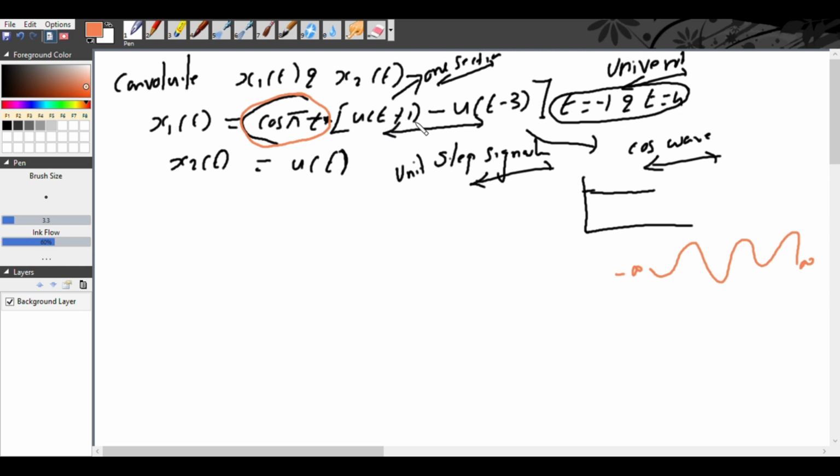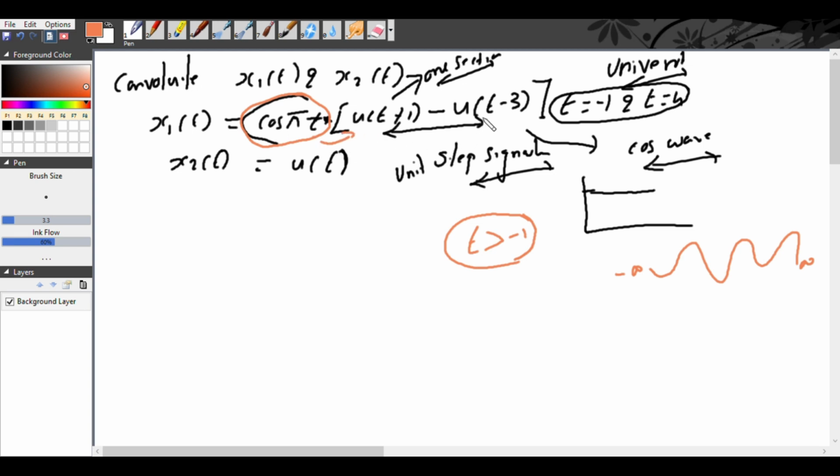Since we are multiplying that with u of t plus 1, only that particular section where t is greater than minus 1 will remain.